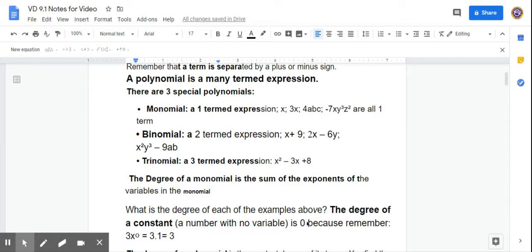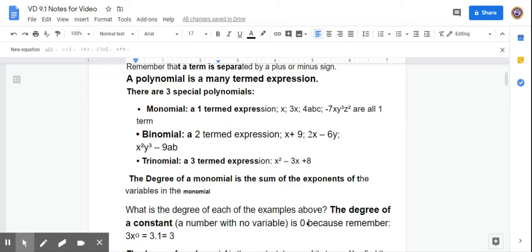If you look at 4abc, a has an exponent of 1, b has an exponent of 1, and c has an exponent of 1. Therefore, the degree of that monomial, which is the sum of the exponents of the variables, would be 3. 4abc, the degree would be 3.